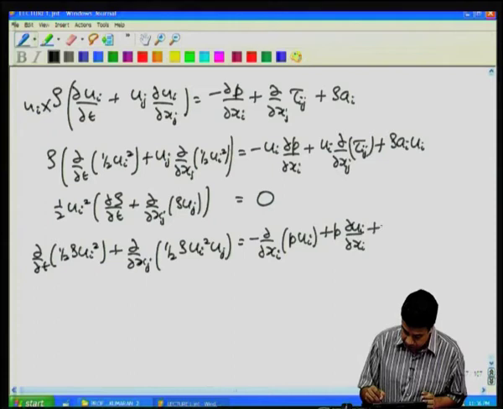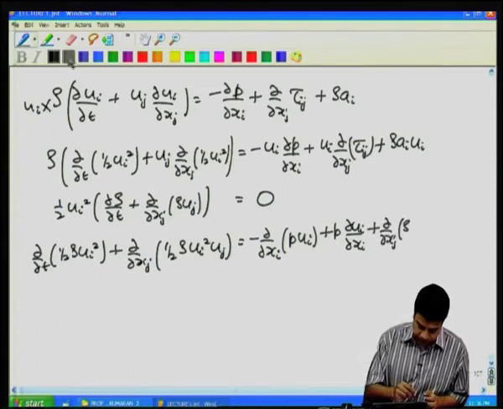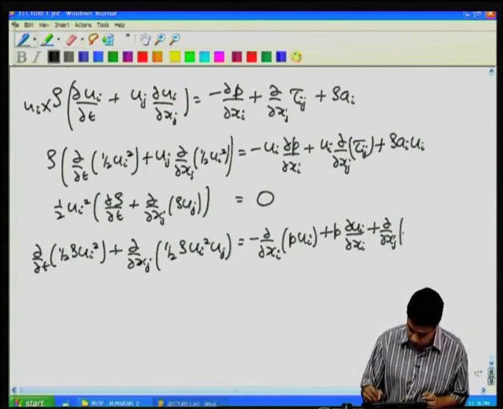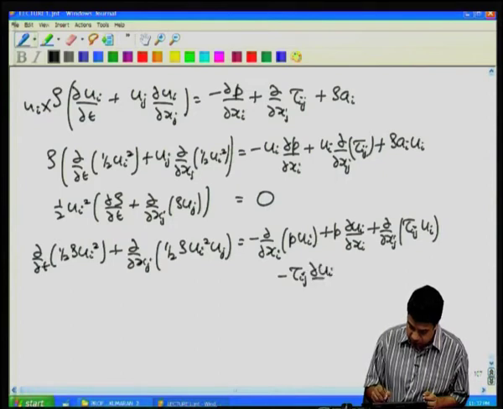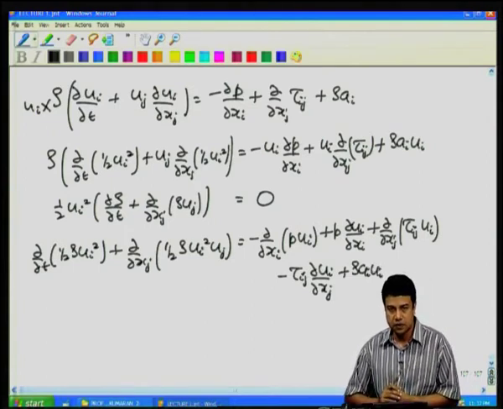So, plus partial by partial x j of tau I j u I, minus tau I j partial u I by partial x j, plus rho A I u I. Just use two integrations by parts for these two terms.